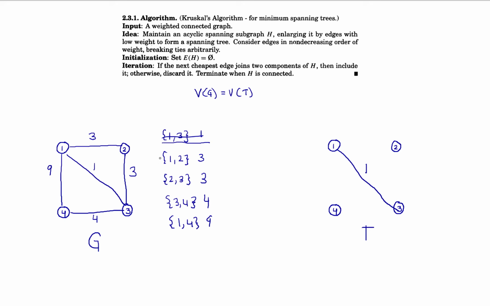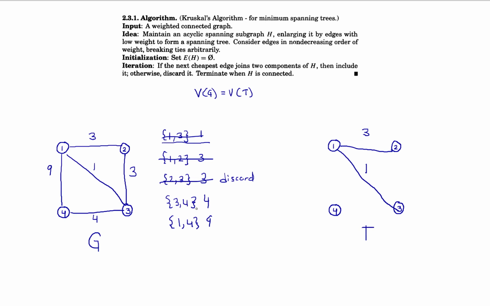So I'm going to go ahead and pick the one that's first on my list, which is 1, 2. That does not create a cycle, so it is allowable. However, the next one on my list, 2, 3, does create a cycle in T. So I am going to discard that one. It will not be added to my final graph.